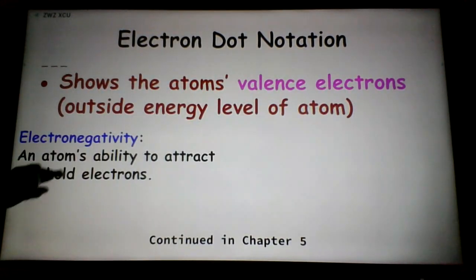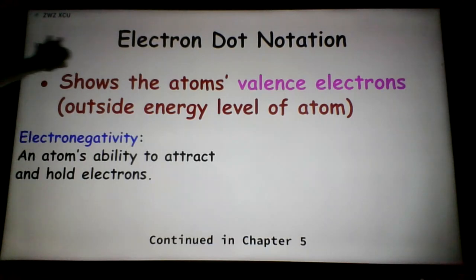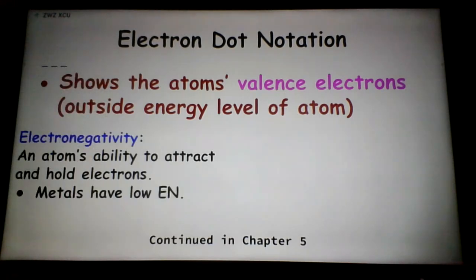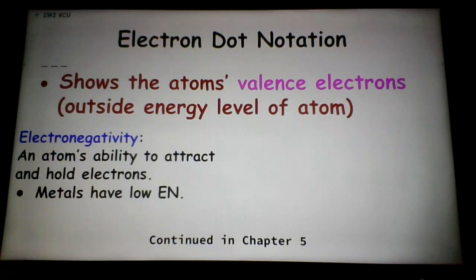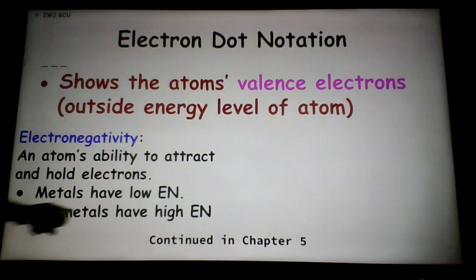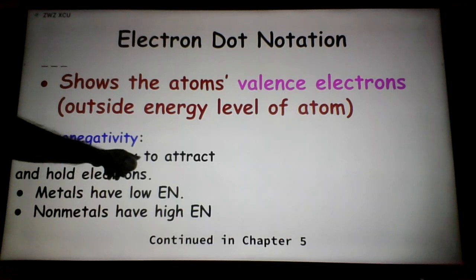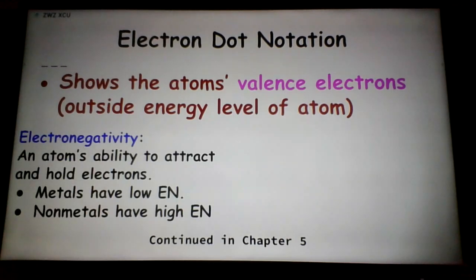So which atoms have low electronegativity? The ones that won't add on electrons? That's going to be the metals over on the left side. So the metals have the low, and this really is the abbreviation for electronegativity, low En, and the nonmetals have high electronegativity because they will add and attract extra electrons.